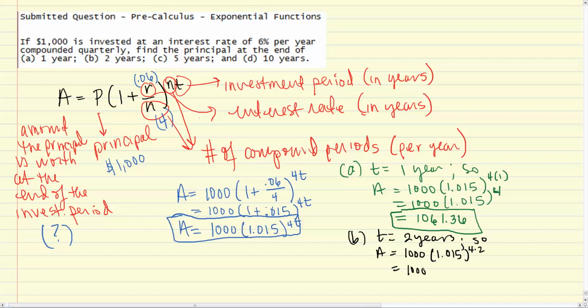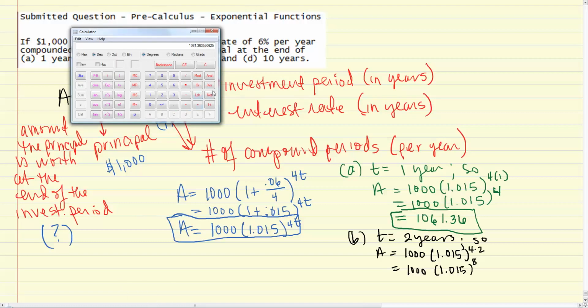It's 1,000 times 1.015 to the 8. And so 1.015 to the 8 times 1,000 is 1126.49.